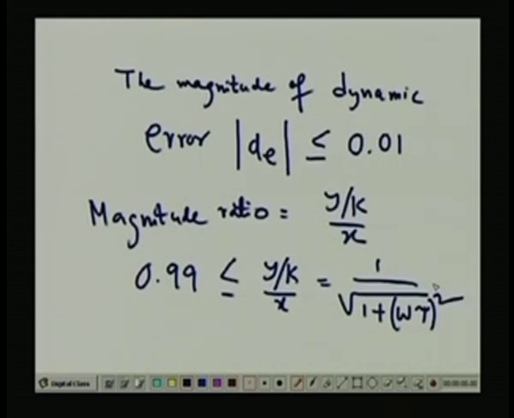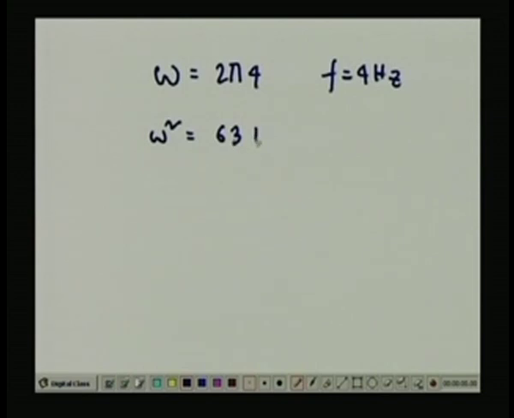Now, omega is given; let us calculate for a frequency of 4 hertz, so omega is 2 pi into 4, and omega square will be equal to 631.